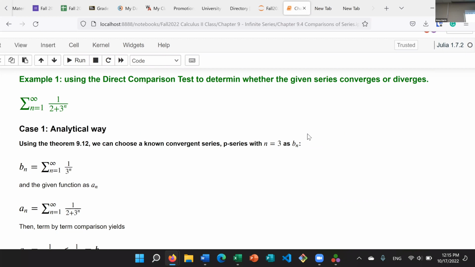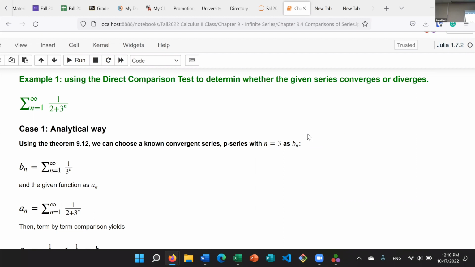The ratio is 1 over 3. Which one is bigger, this or this? Remember, a bigger denominator gives you a smaller number. Like 1 over 2 is bigger than 1 over 3. So which one has the smaller denominator?